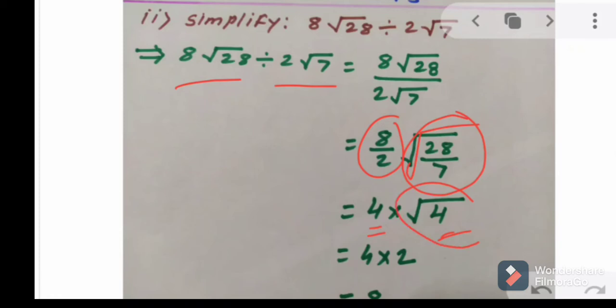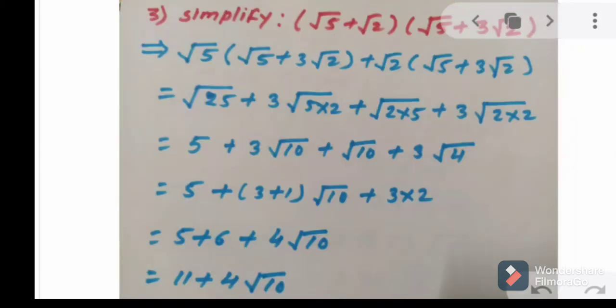Okay. Now the next example, that is, simplify 8 root 28 divided by 2 under root 7.